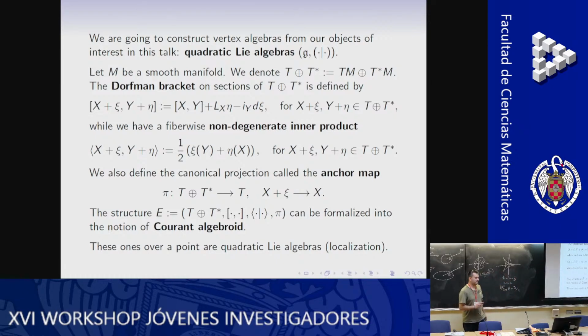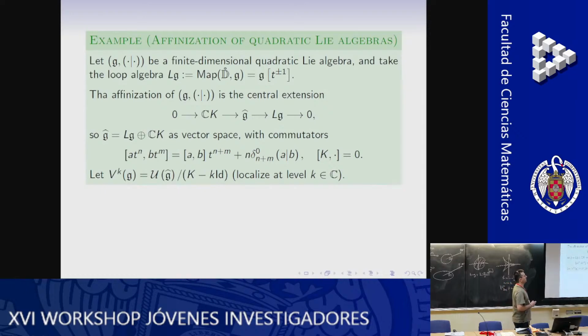Entonces, ahora quiero asociar a este tipo de álgebras una álgebra de vértices. Y eso se conoce, es el proceso de afinización. Entonces, dada una álgebra de Lie cuadrática finito-dimensional, voy a coger el álgebra de los loops, que es esta, y la afinización de mi álgebra de Lie cuadrática es la extensión central de esta álgebra de loops mediante un elemento central que ahora denoto por K. Entonces tengo este espacio vectorial con estos conmutadores y una vez más aplico el proceso de coger el álgebra envolvente universal y localizar.